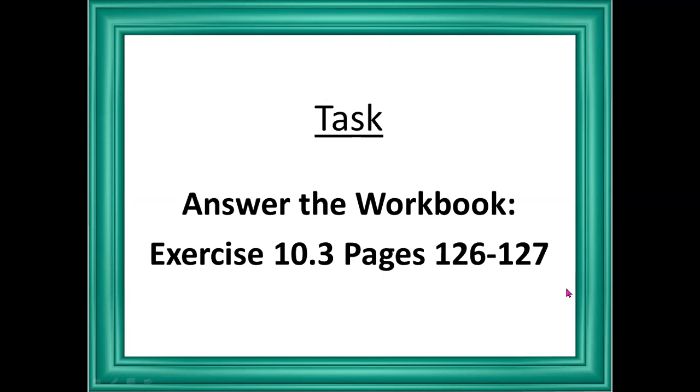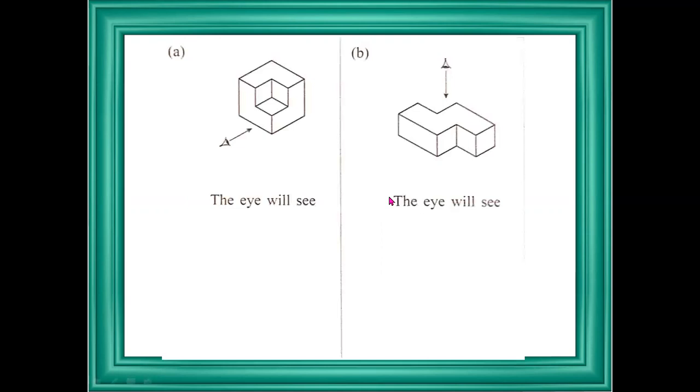Number 1, draw the shape that the eye can see from its point of view for each of the following 3D shapes. All right, so you have there letter A and B. This is the figure in your workbook. So what can you see?